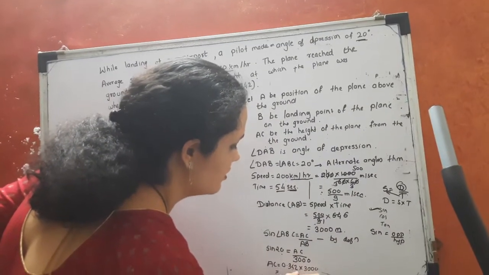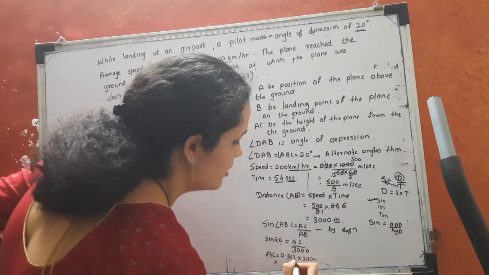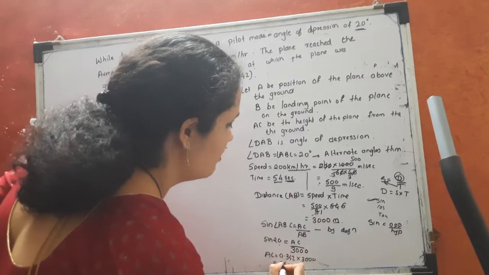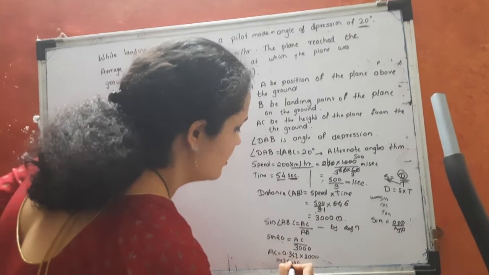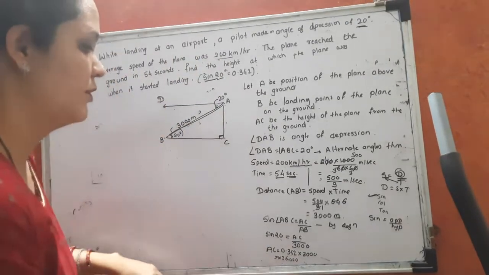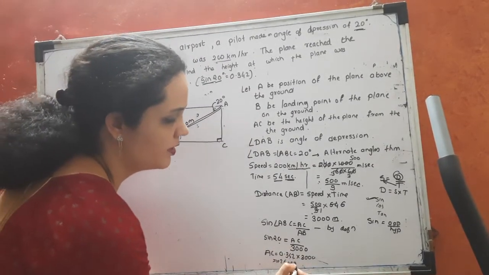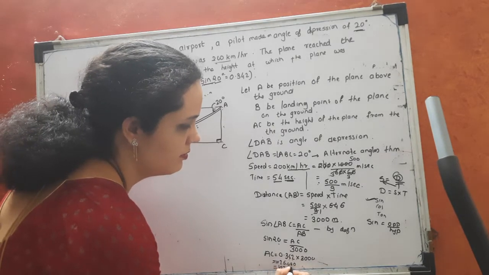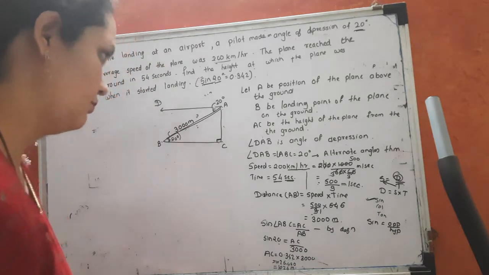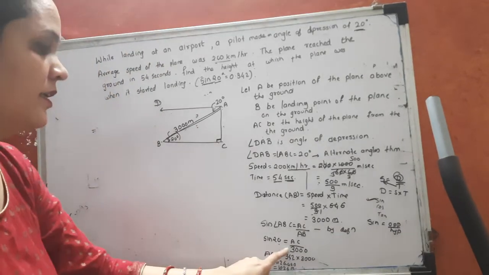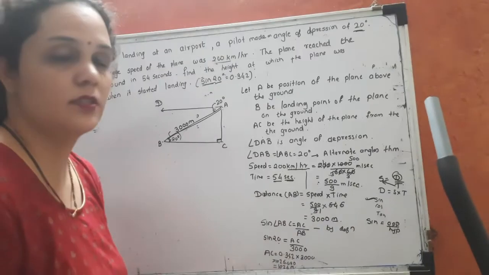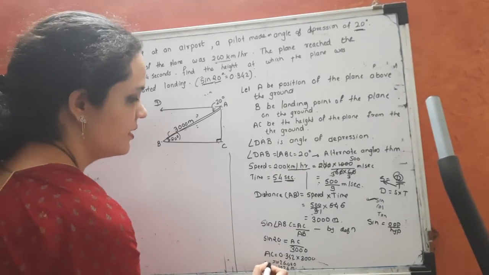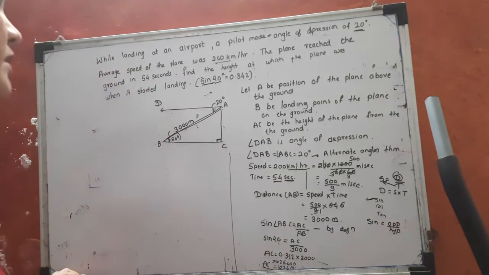Multiplying, with the decimal point after 3 digits, we get 1026 meter. Since 3000 is in meter, 1026 is also in meter. So you got the height AC as 1026 meter.